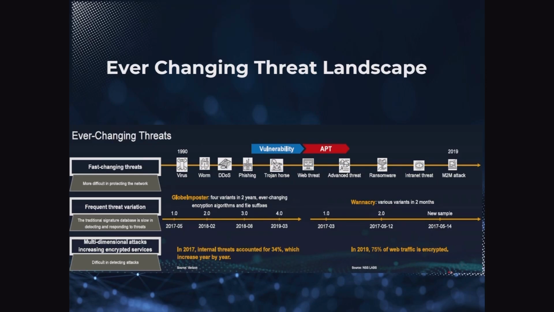No. But back then, there's a virus. You even see creepy things on your system. You see the activities. So that's about the 1990s. Then we enter the era of worms.